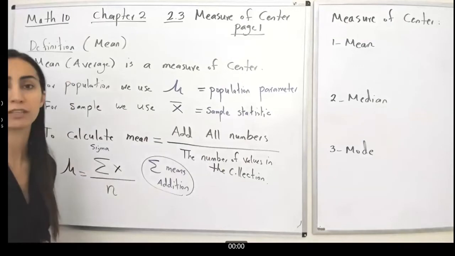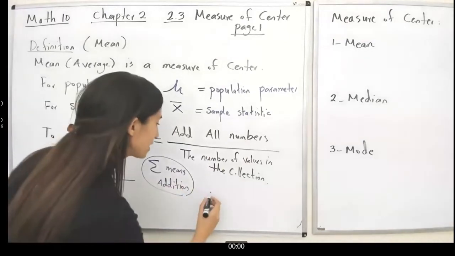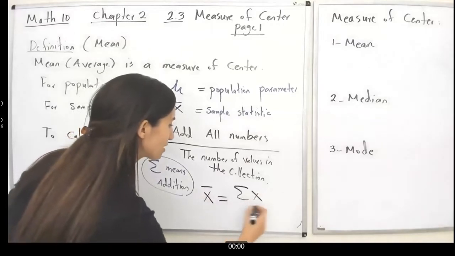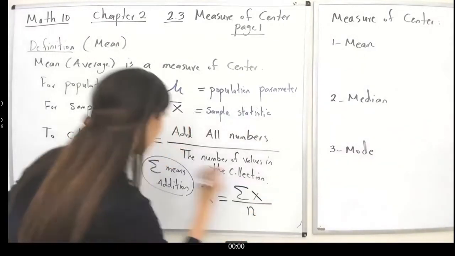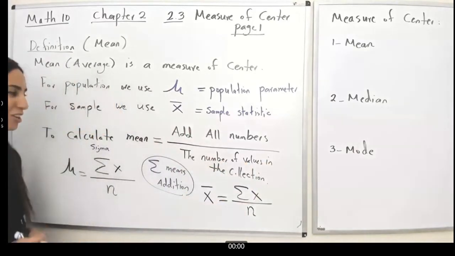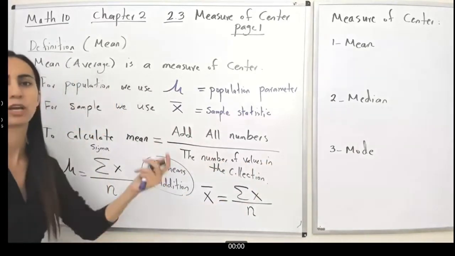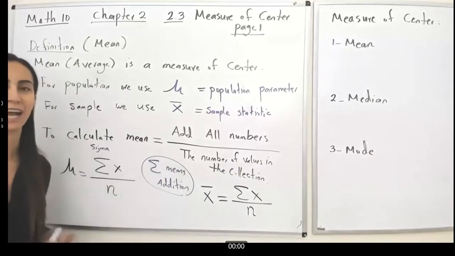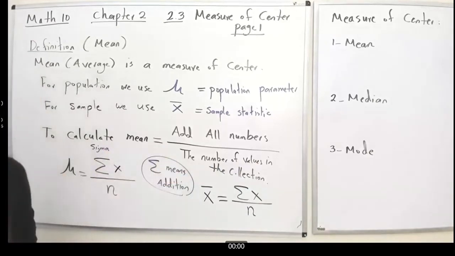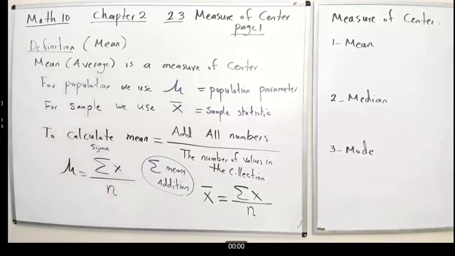Again, if you are working with a sample, it's going to be x bar equals sigma x divided by n. N is the total number of values in the collection. How many values do you have? We have 20 data, we have 30 data, and so on. So these are the symbols that we are using.